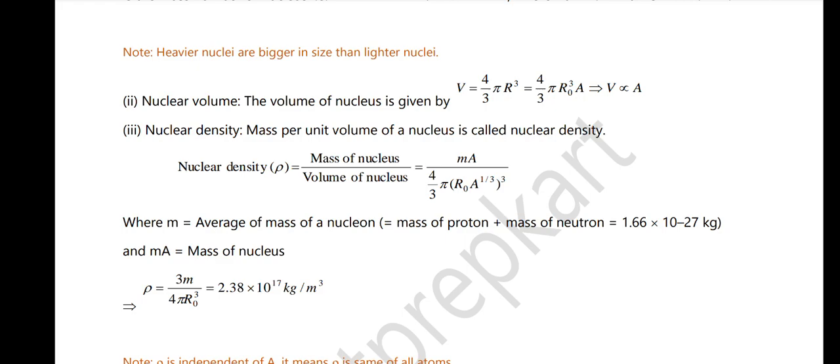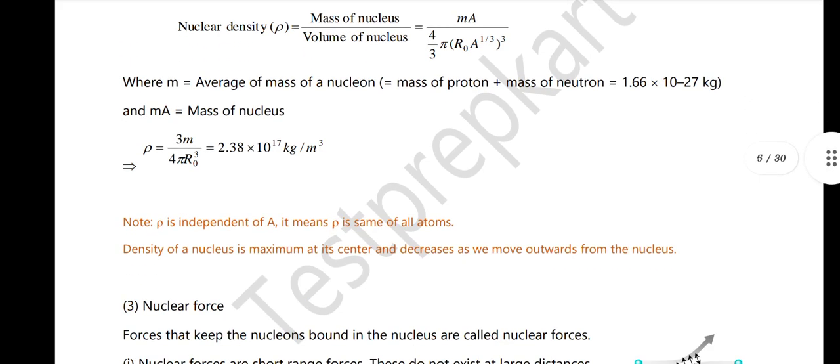That gives 4 by 3 pi into (r0 A to the power 1 by 3) whole cubed, right? Here in this formula, m is the average mass of a nucleon, and mA is the mass of the nucleus.